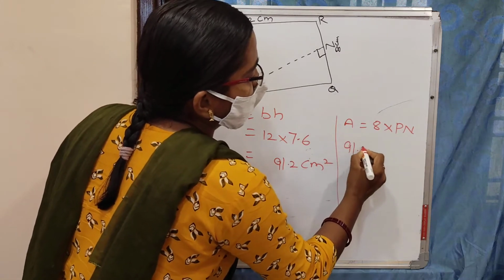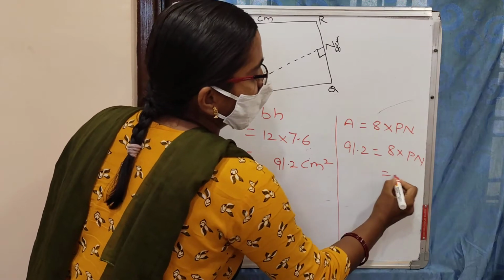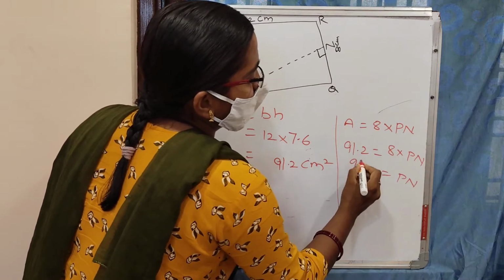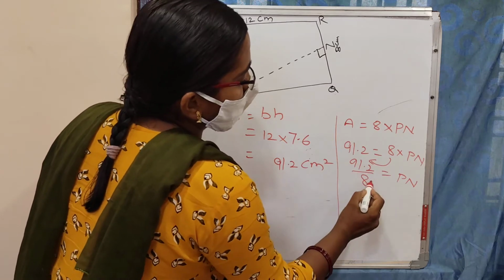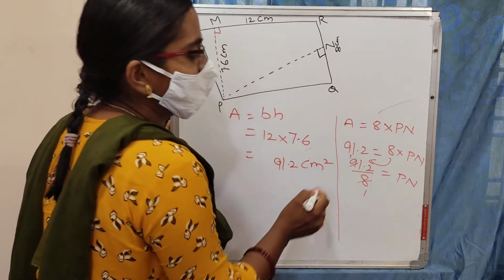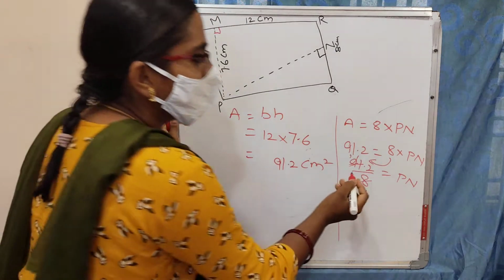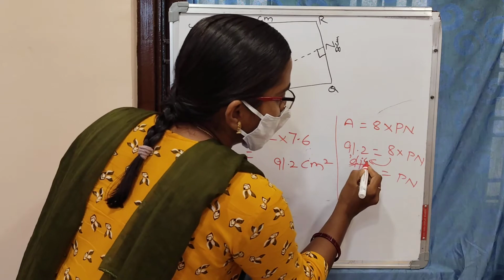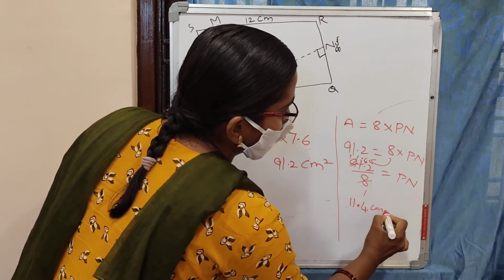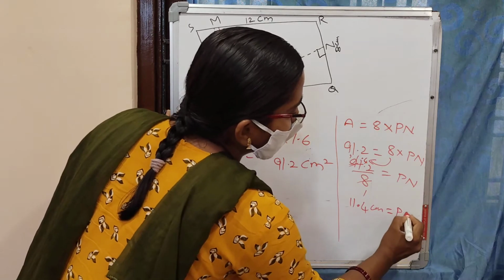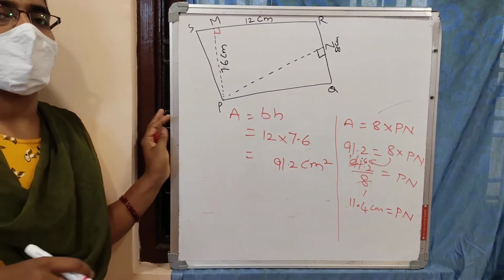So 91.2 is equal to 8 into PN. Write PN this side, 91.2 this side, and transpose the 8 so it becomes divided by 8. 8 ones are 8, remaining 1, 11, 8 ones are 8, 3, 8 fours are 32. That means 11.4 centimeter. So PN length is 11.4 centimeter.